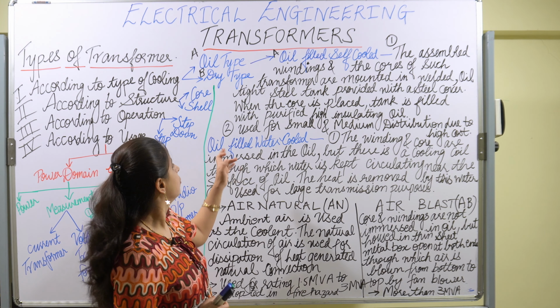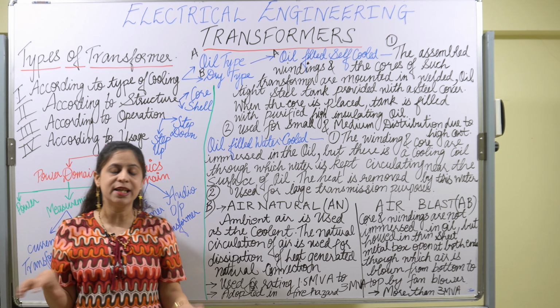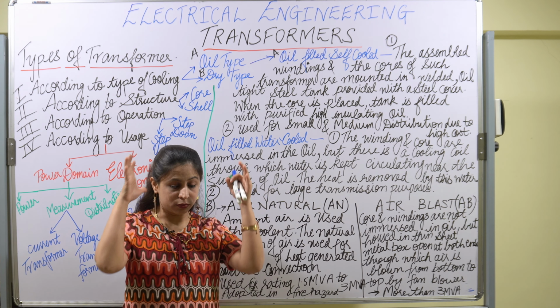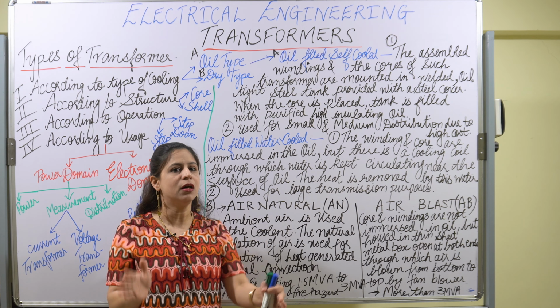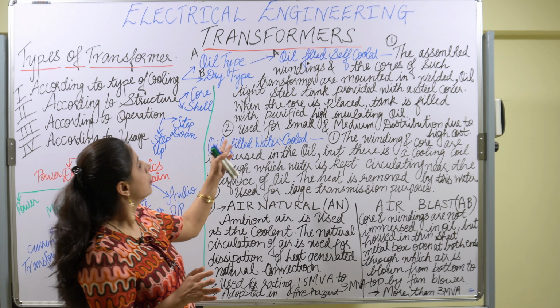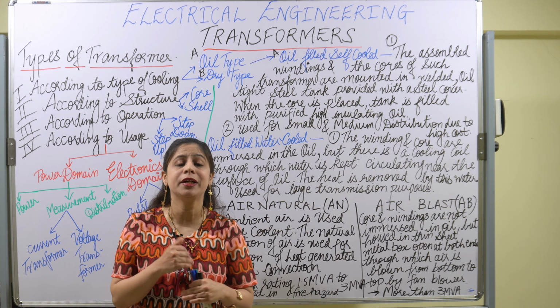When the winding is done and the core is placed in the container, in the tank, and welding is done, then the tank is filled with purified high insulating oil.